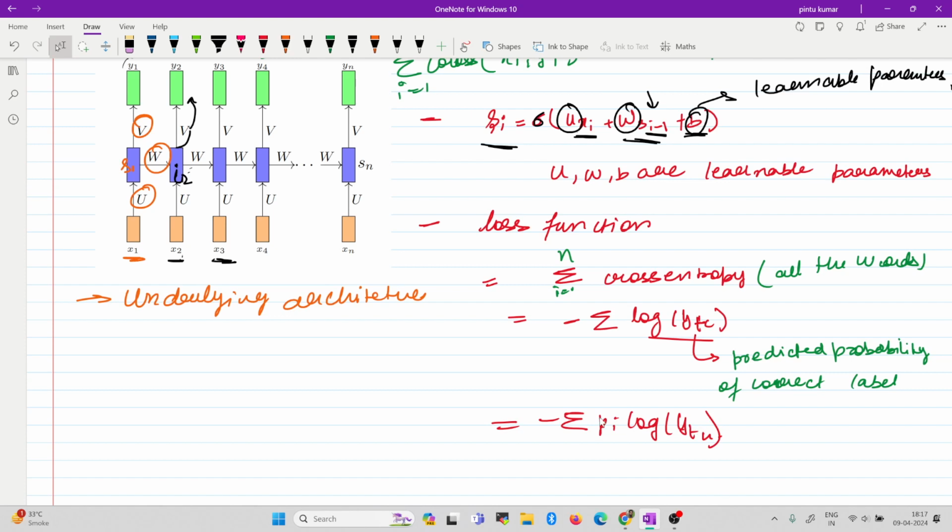For other values of pi you have 0, and only at the cth position you have 1. So the value you obtain is minus log ytc. So your loss function for your RNN is nothing but the sum of cross entropies.